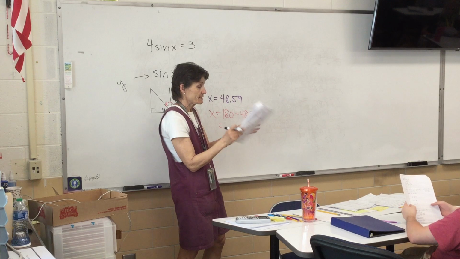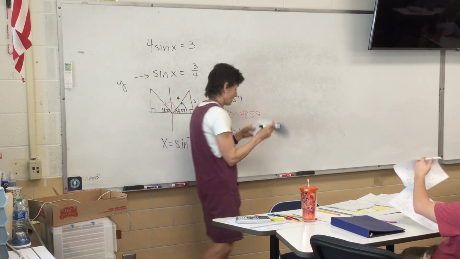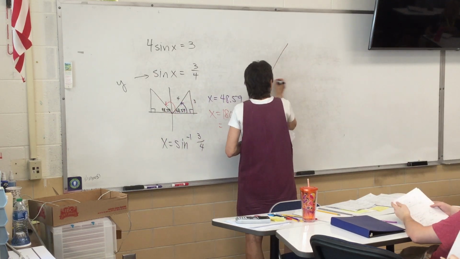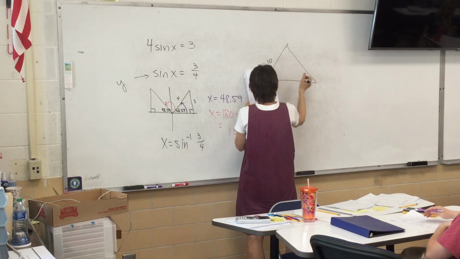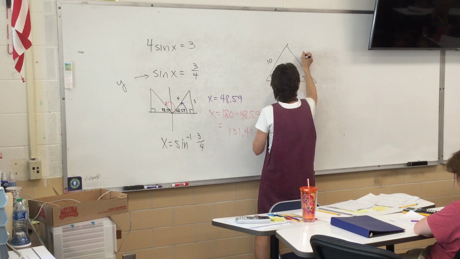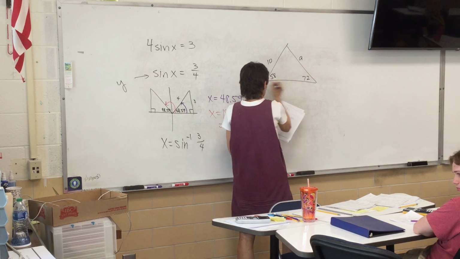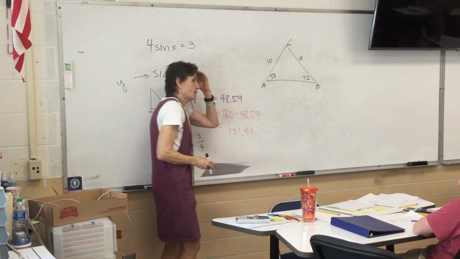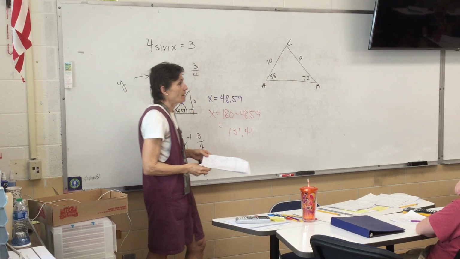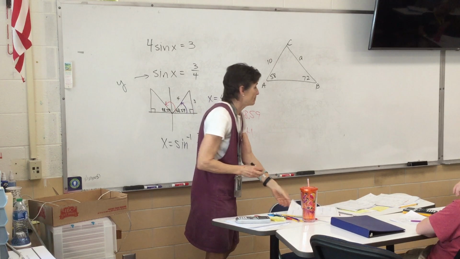Problem 10? Yeah. 10 says find side A, and I'm allowed to use a calculator. All right. Don't we do like the 72, 10 over 58 over A? This is a law of sines problem.